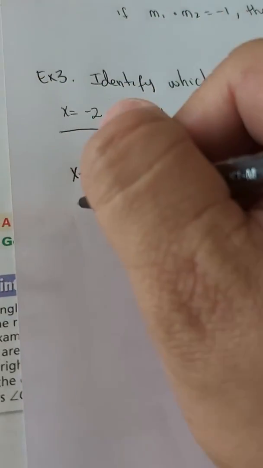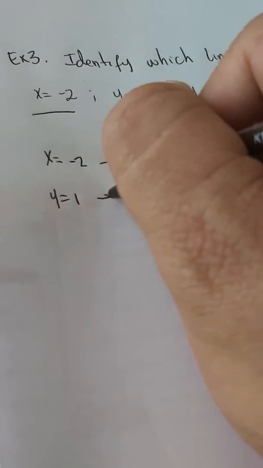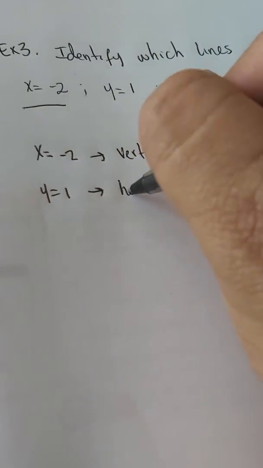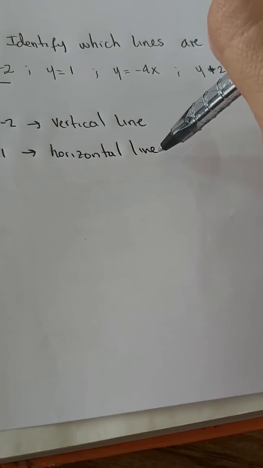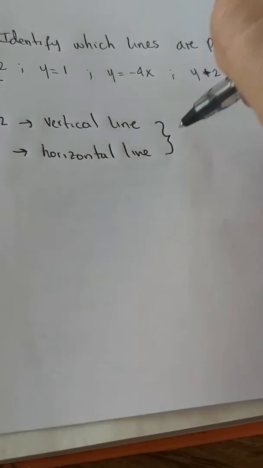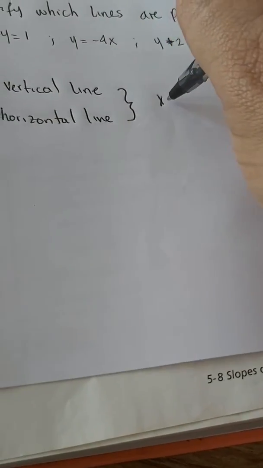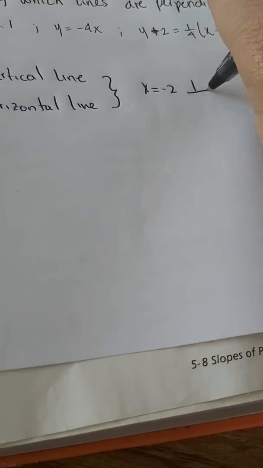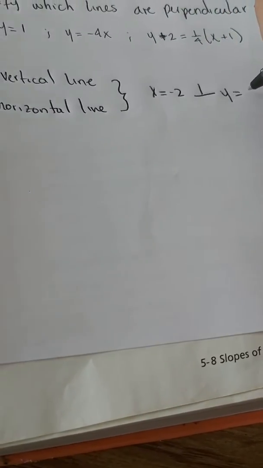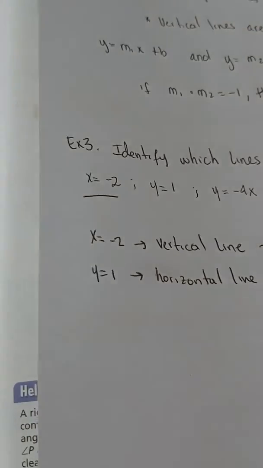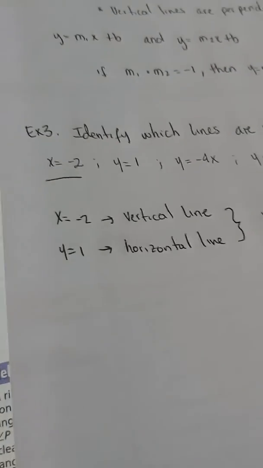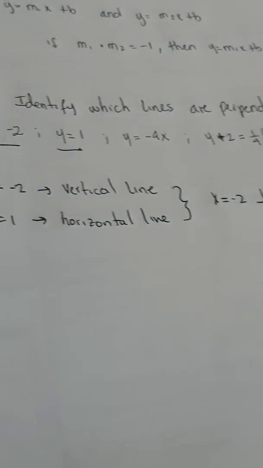The second equation, y equals 1, is a horizontal line. Since vertical lines are perpendicular to horizontal lines, then we can state that x equals -2 is perpendicular to y equals 1, by definition. So we found out that these two were perpendicular.